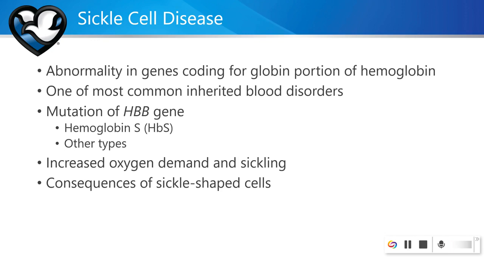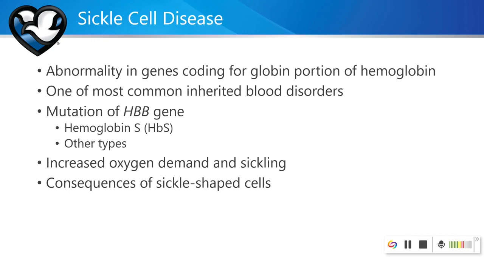Sickle cell disease is where there is an abnormality in the genes coding for the globin portion of hemoglobin, and it is hereditary. In the United States, it is considered one of the most common inherited blood disorders and is more common in blacks. In sickle cell disease, there is a mutation in the HBB gene located on chromosome 11.